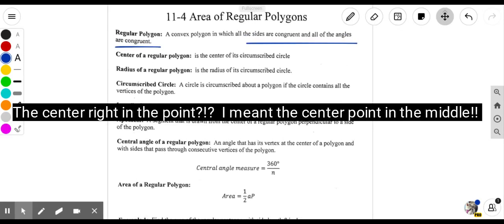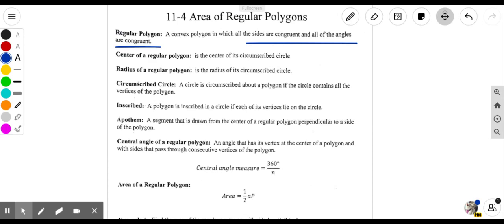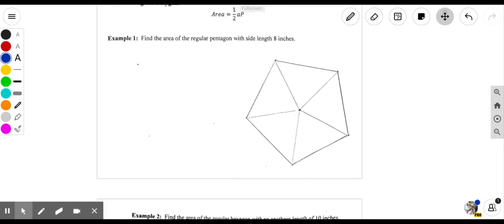Couple more definitions. The center of a regular polygon is basically just the center point. If you were to put a circle around the figure, that's what a circumscribed circle is. The center of the polygon would be the center of that circle. A regular polygon would have a radius too. So if you look at this picture, this would be the center. This would be considered a radius.